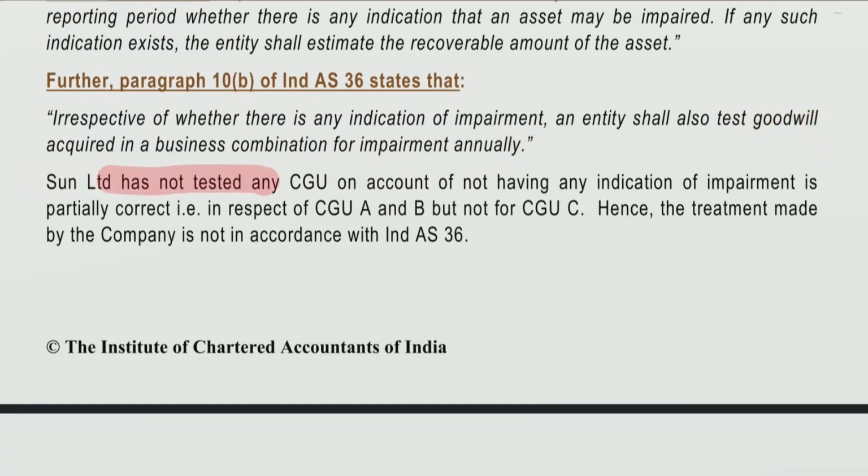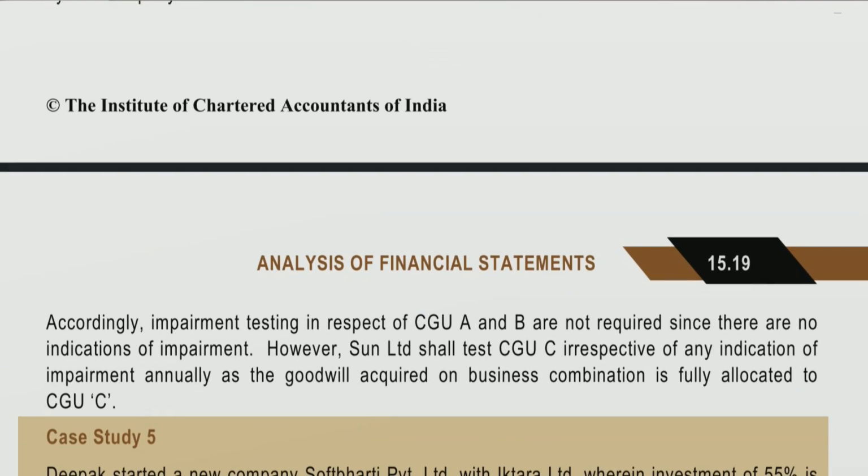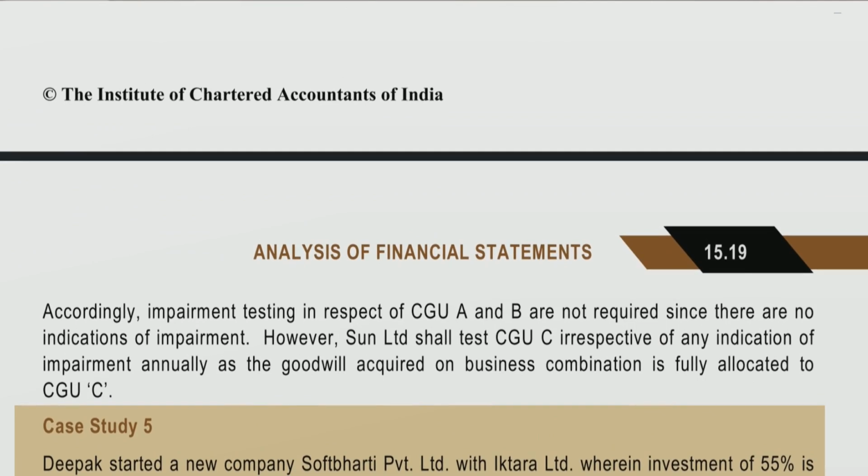Sun Limited has not tested any CGU on account of not having any indication of impairment is partially correct because A and B are not basically subject to any impairment, but it is not appropriate for CGU C. Hence, the treatment made by the company is not in accordance with Ind AS 36.